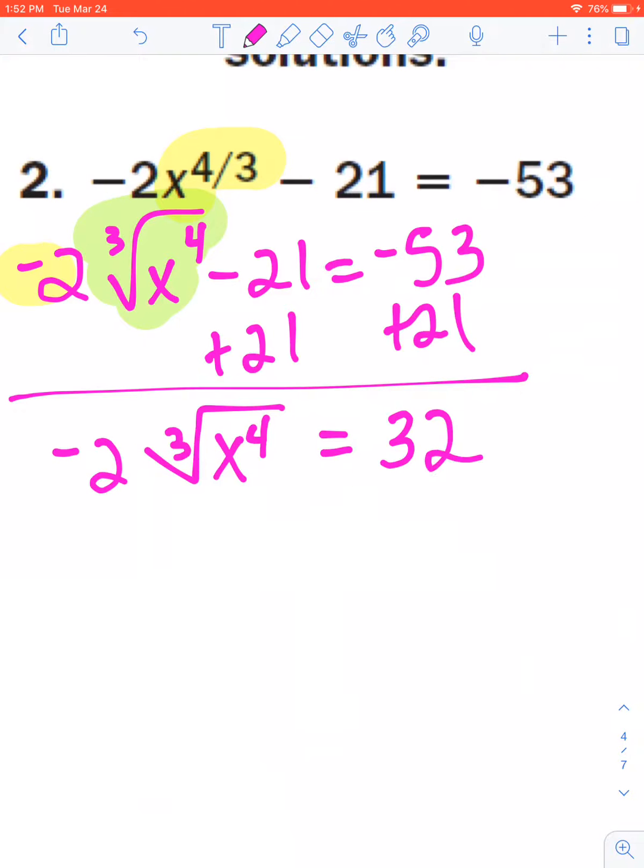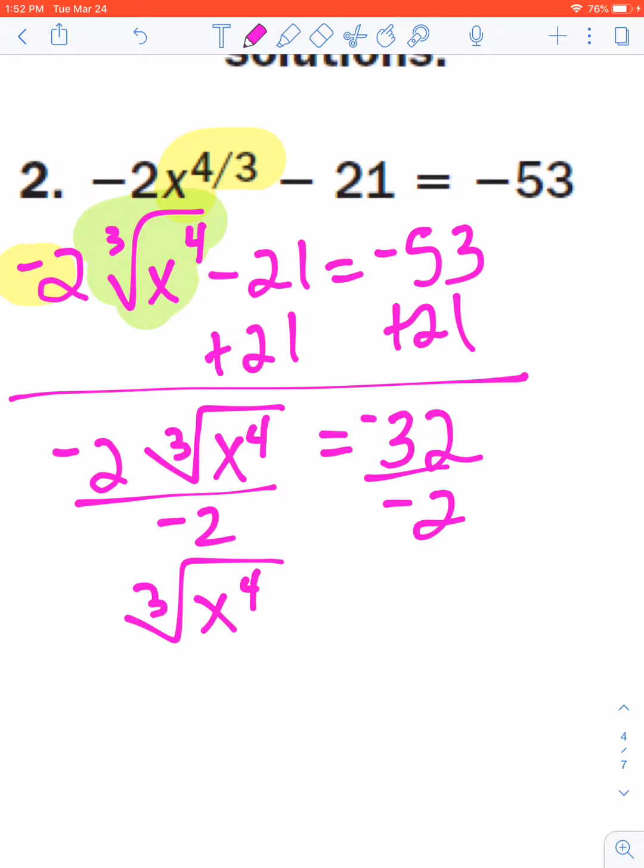That'd be a -32. I had my signs wrong in the calculator. All right, next we're going to divide both sides by -2. And now the cube root of x to the 4th equals 16. Now I have the radical isolated. So that was step 1. Step 1 was isolating the radical.